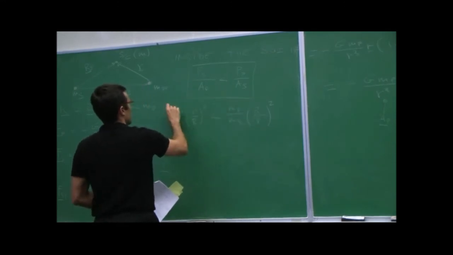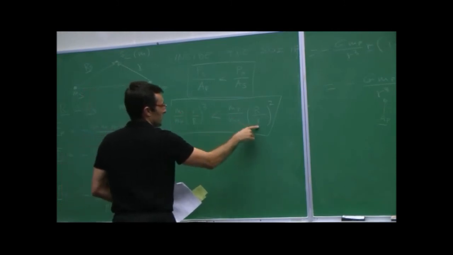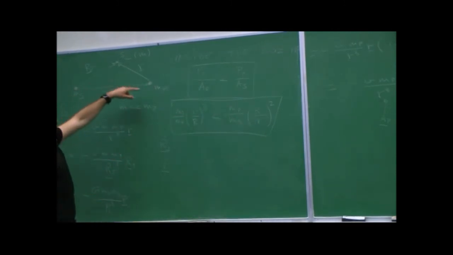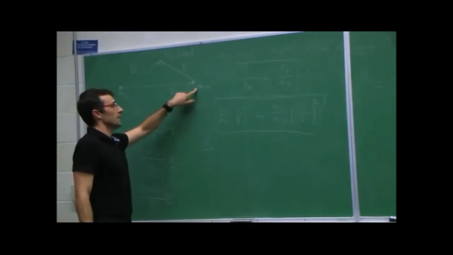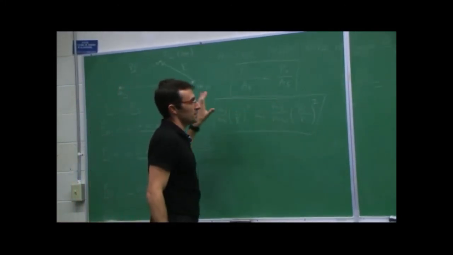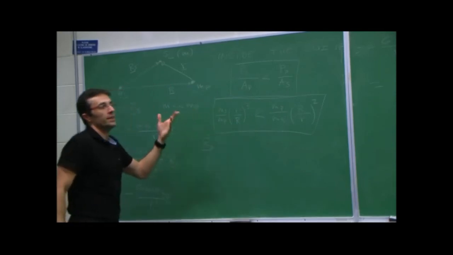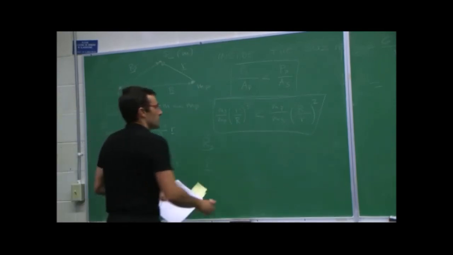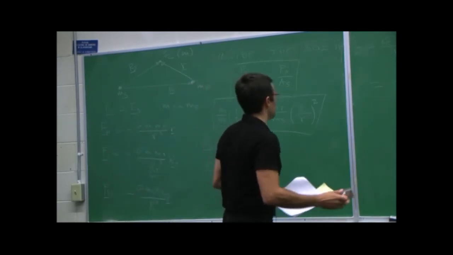And now I have my inequality that I'm going to solve in terms of the little r, because that will be my sphere of influence around this object that satisfies this inequality. If the inequality doesn't hold anymore, then I say that I'm outside the sphere of influence. So that's an additional step, which we can do down here.